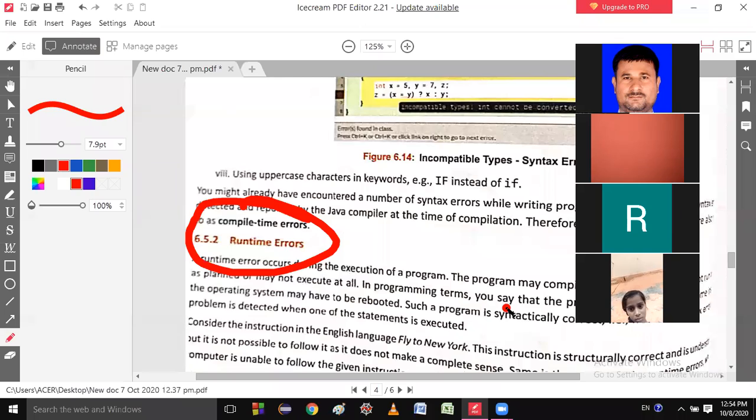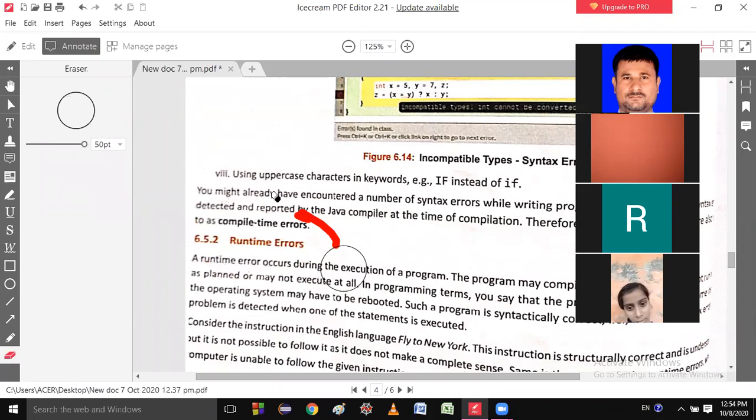But when you run your code, the output comes, but there are some errors. That means a runtime error. Your program is not able to run. That type of error is called a runtime error.